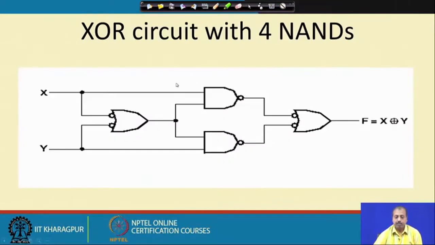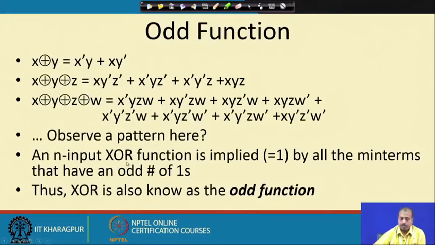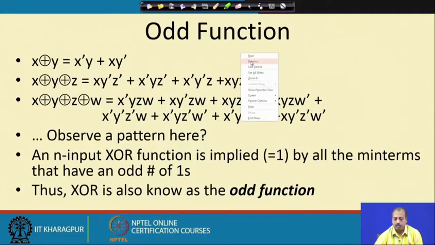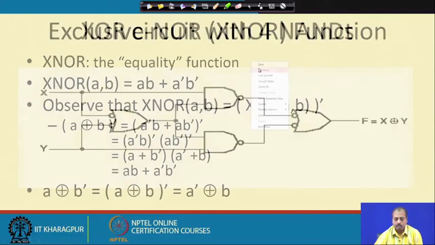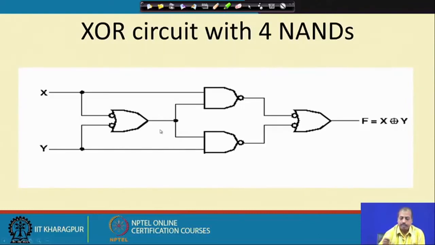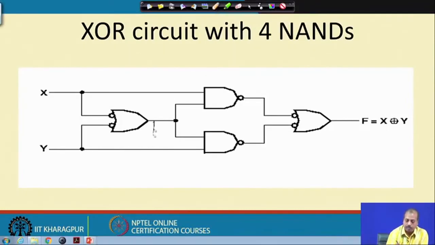So, this is the 4 NAND gate realization of the XOR gate. So, we have got this. Here this is basically X bar or Y bar, sorry. At this point we are getting X bar or Y bar, which is nothing but X Y bar.